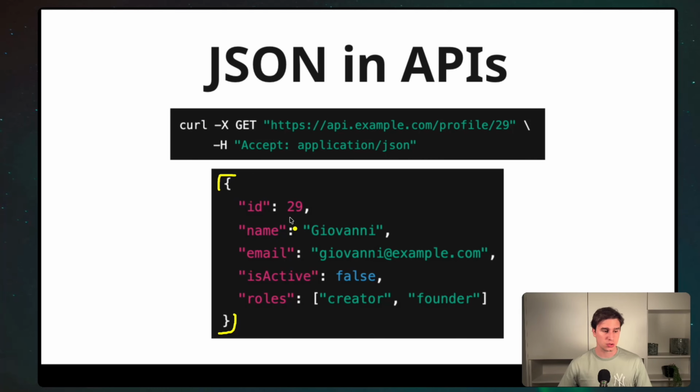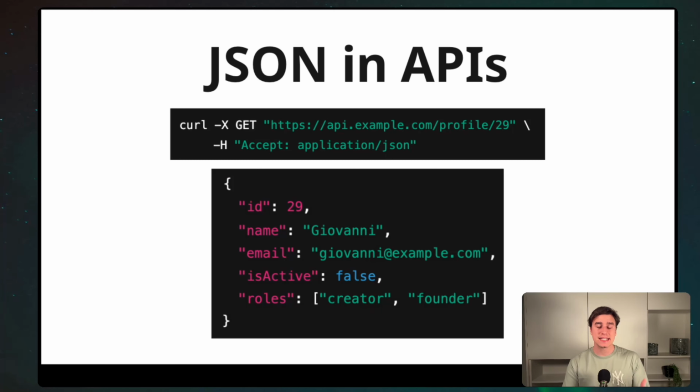We notice that the first one is a number, then we have a string because it's in quotation marks, then we have another string because of the quotation marks, then we have a Boolean because it's true or false, and we have an array with 2 strings in this case, where it says, okay, what is the role of Giovanni in this specific community? It's either a creator or a founder, right? So this is basically the way that we sent a request to a server, and then the server told me everything it knew about who Giovanni is.